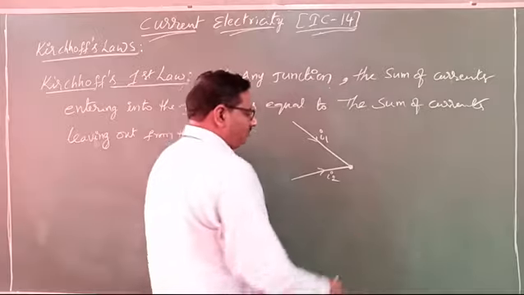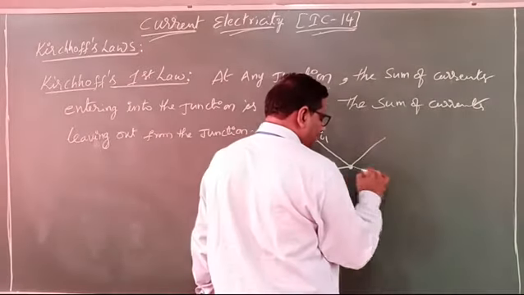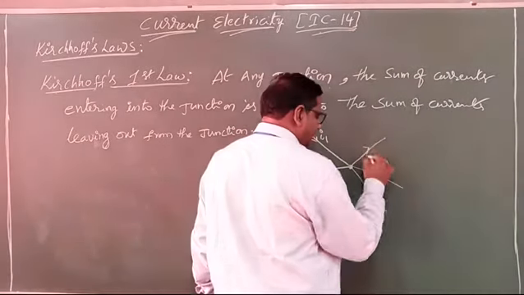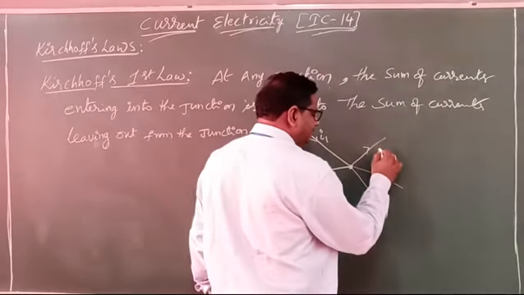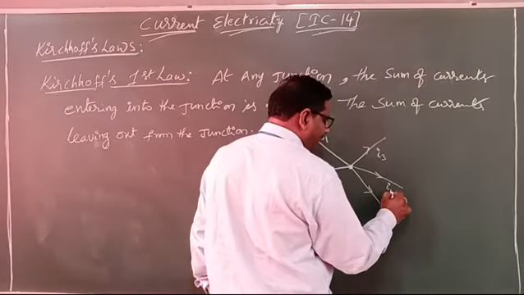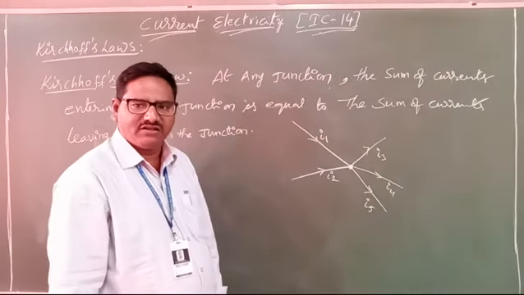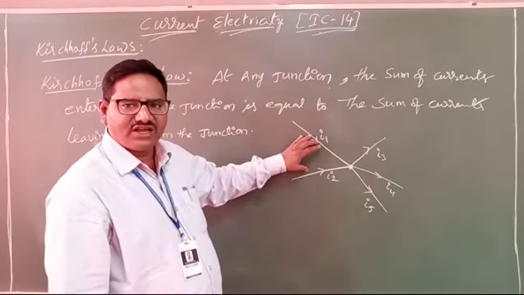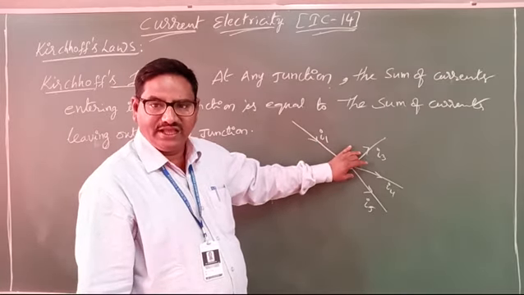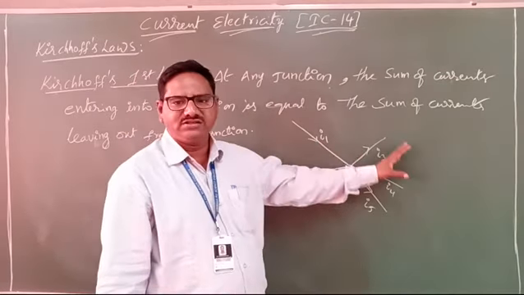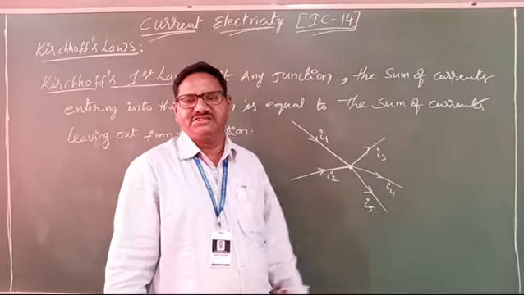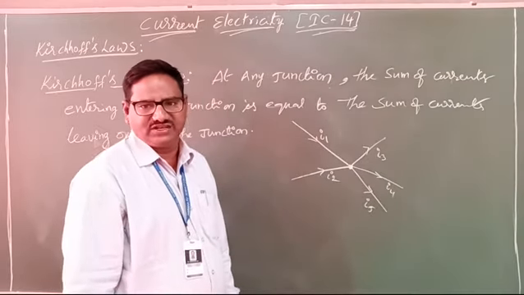Now I want to take out, leaving the junction like this, I3, I4, I5. These currents entering into the junction equal the currents leaving out from the junction. This is Kirchhoff's first law.